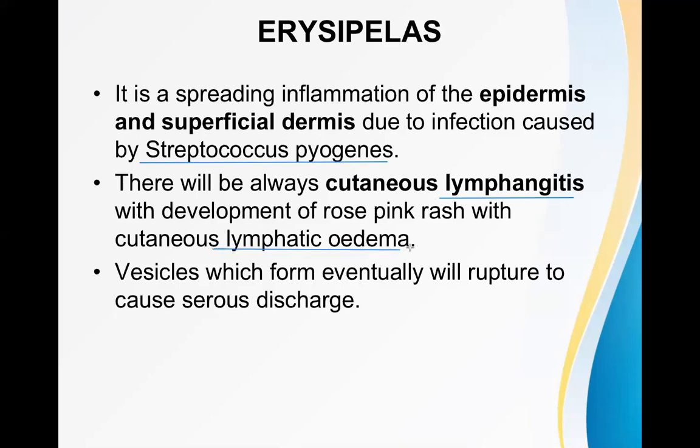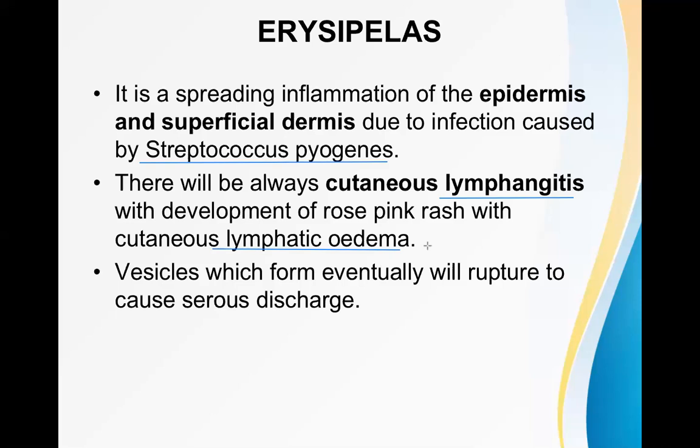This cutaneous lymphatic edema makes that area swollen. It is quite superficial and swollen, so that I can clearly see it from the surface. See there, it is quite elevated from the surface because it is very superficial and swollen.